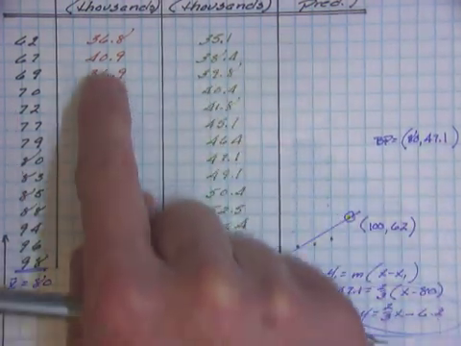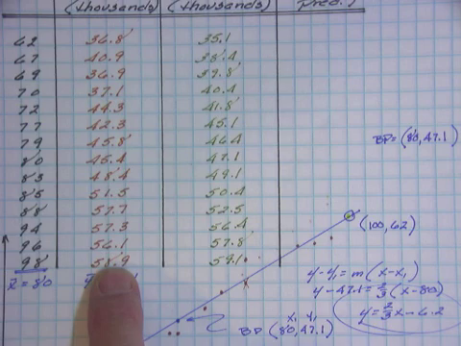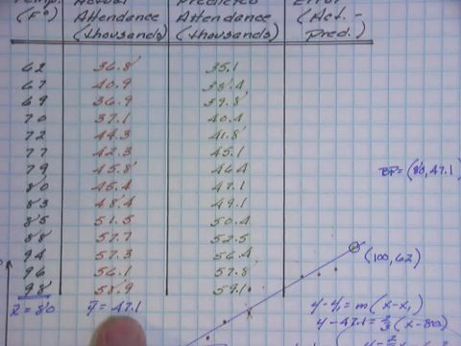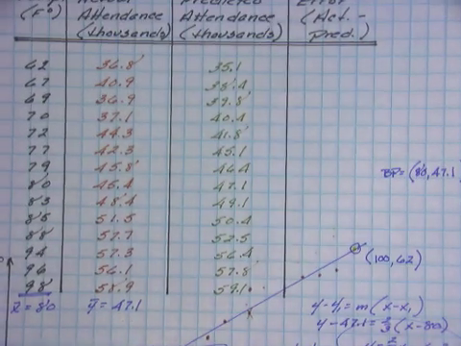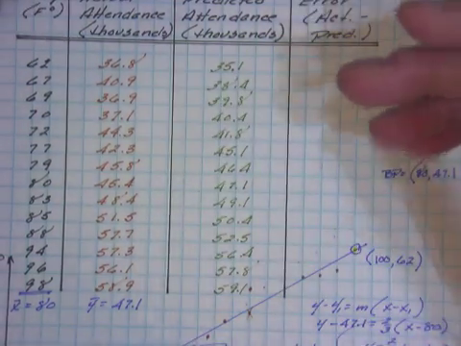And you can see that the predicted values of attendance are pretty close. They track along pretty well with the actual attendance that was measured.